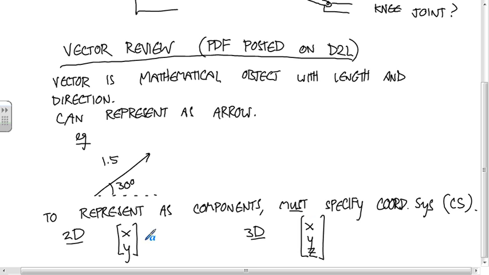And keep in mind that a 2D vector like that also lives in 3-dimensional space. And so this is really shorthand for x, y, 0. Okay.